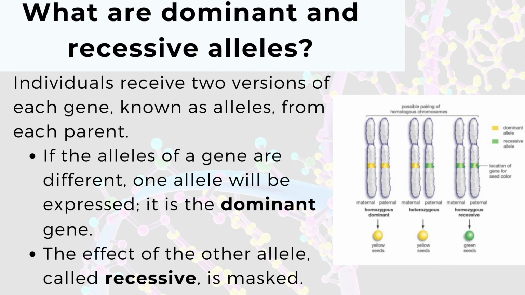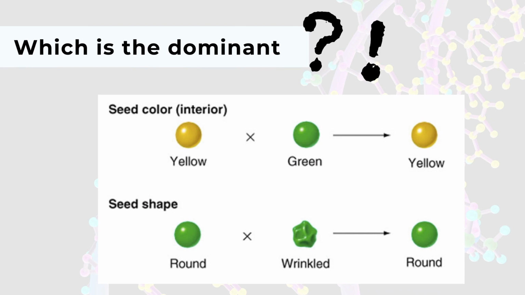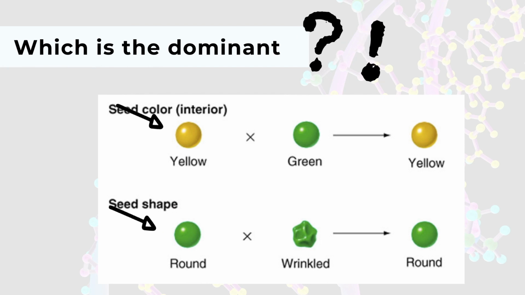If the alleles of a gene are different, one allele will be expressed. It is the dominant gene. The effect of the other gene, called recessive, is masked. Which is dominant? For seed color, it is yellow since it is the one that is expressed.